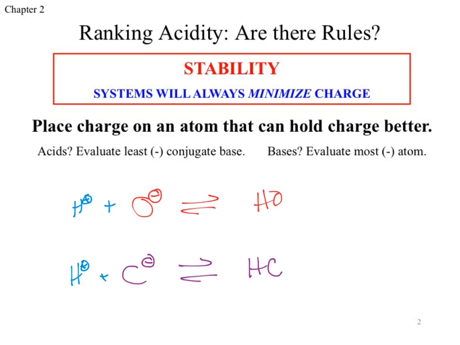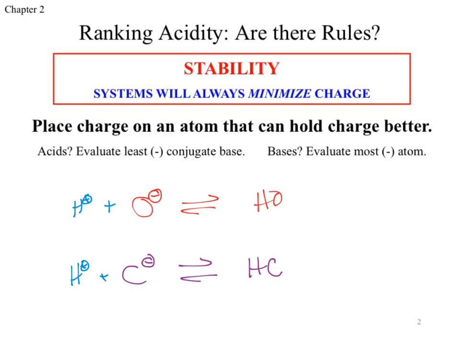So when we look at bases, we end up flipping the concept on it. What we want to do is see which one of these negatives does not want to be negative. Which one does not want to be negative? Carbon, because it's not very electronegative. So when we're ranking our acids and bases, we have to be careful on what we're looking at and adjust based on the definitions.